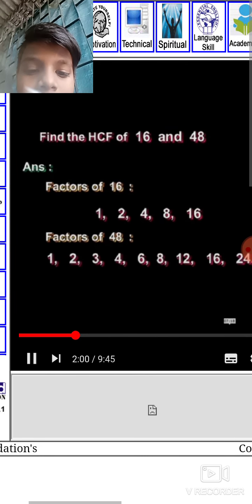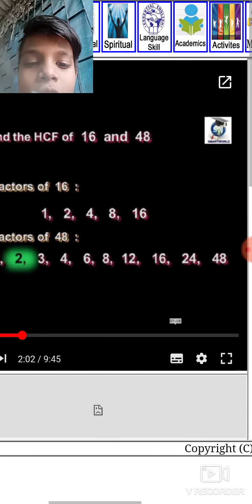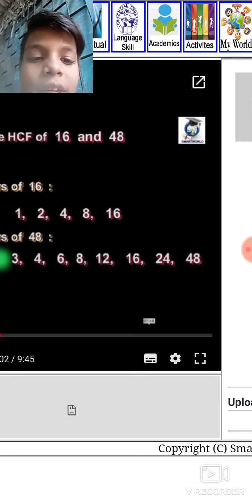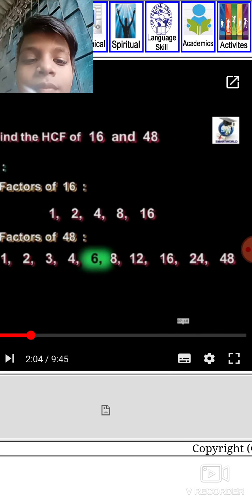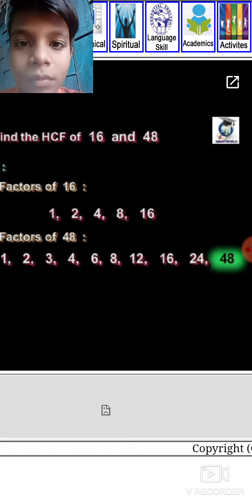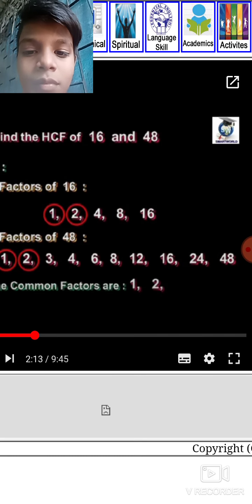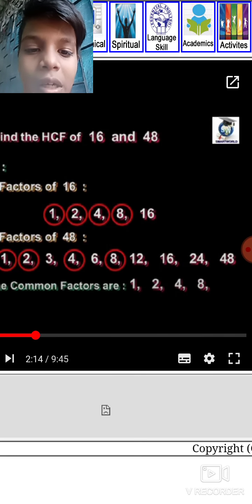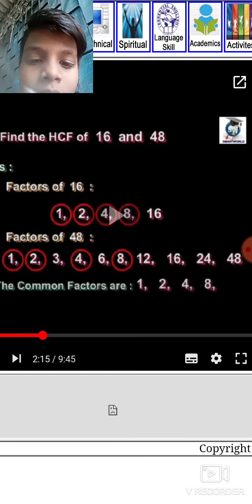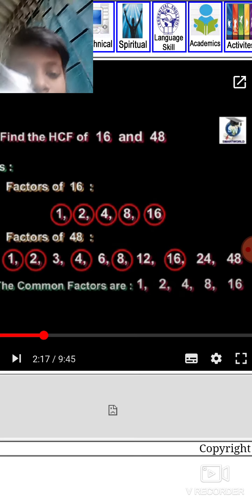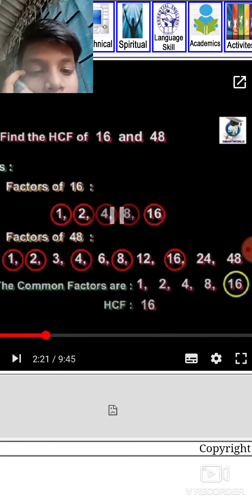So the factors are 1, 2, 3, 4, 6, 8, 12, 16, 24, 48. Now the common factors are 1, 2, 4, 8, 16. And the highest common factor, that is HCF, is equal to 16.